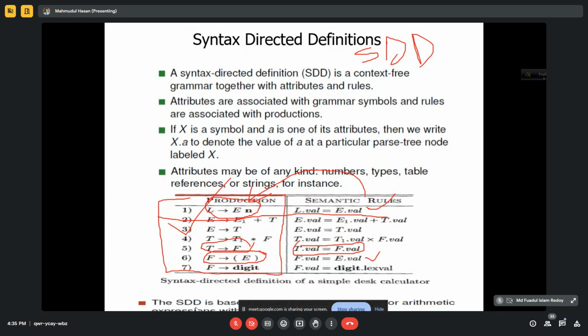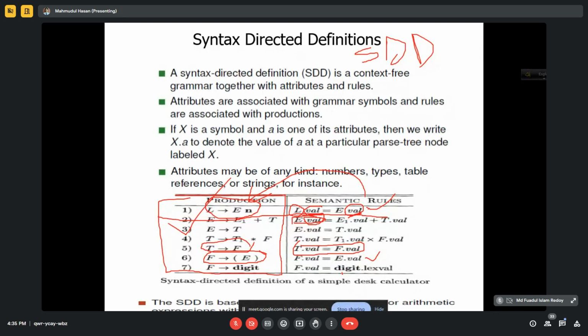Got it, everyone? And if you look at the semantic rules, with every symbol there is a value, and this is known as an attribute. Like here val, this is the attribute of E, and this indicates a value.